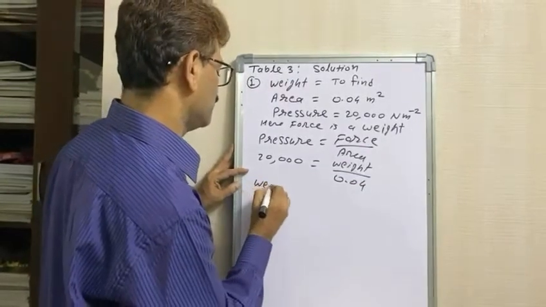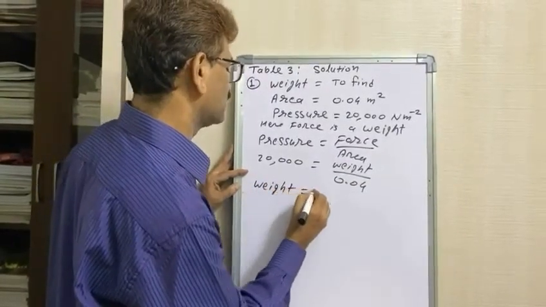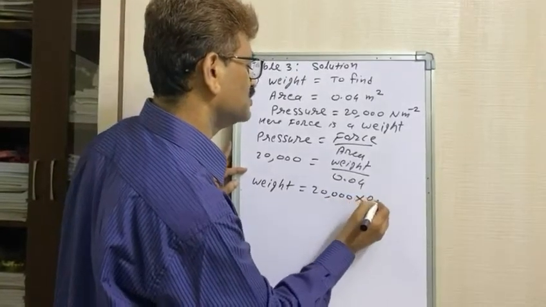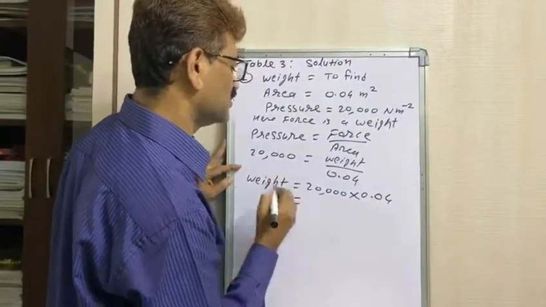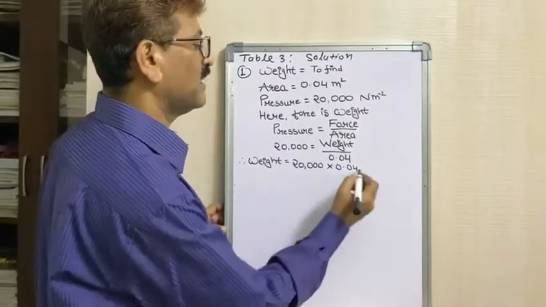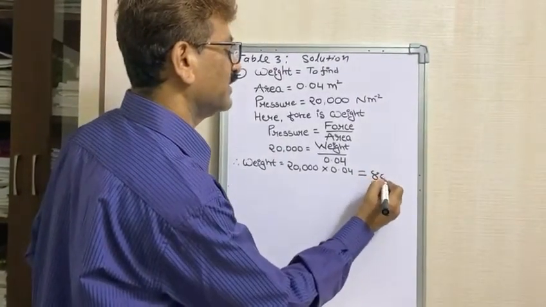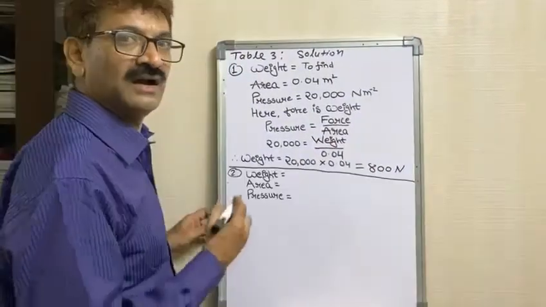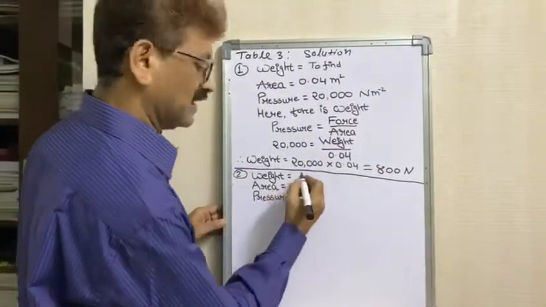Therefore, weight equals 20,000 into 0.04. By multiplying you will get 800. So the unit is Newton.